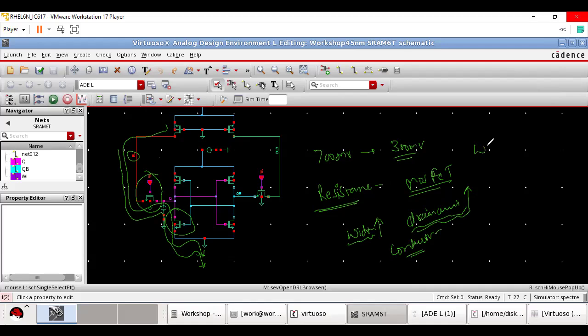So when you increase the width of a transistor, you increase the conductivity of the transistor. This means that if you improve the conductivity of this transistor and this transistor, more potential will get the path towards the ground. Let us see this with the simulation.